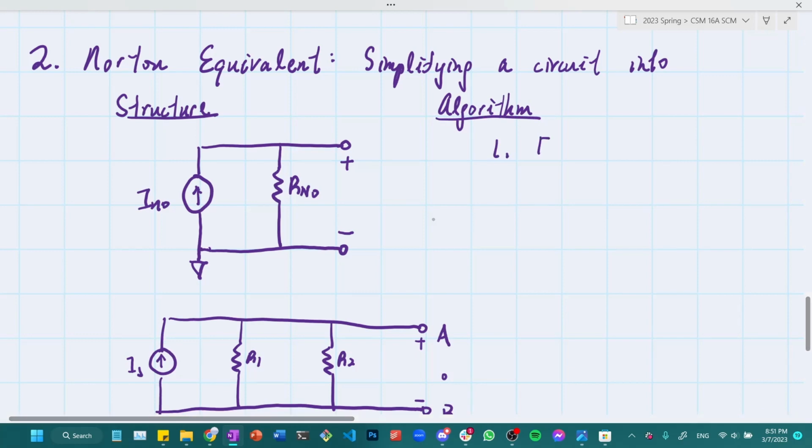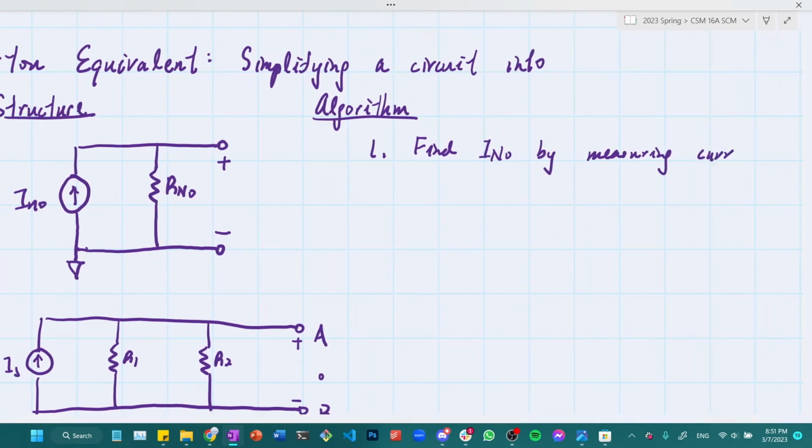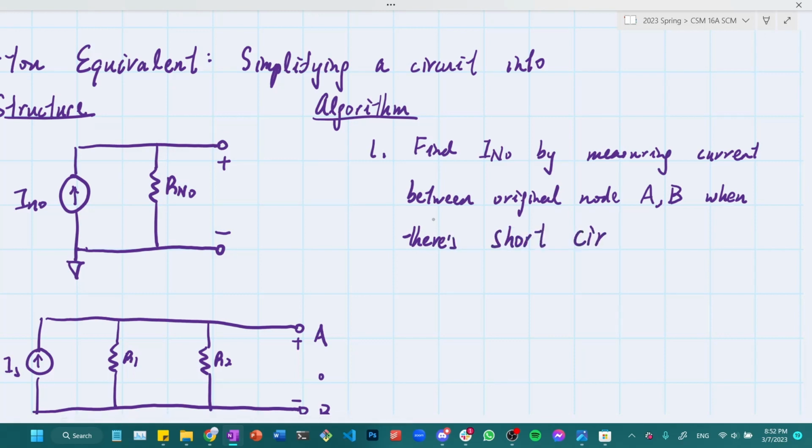First step to find the Norton equivalent is measuring or calculating the current. Well, in this case, we'll be calculating, but measuring the current between the original node A and B when there is a short circuit between A and B. So here's the catch.